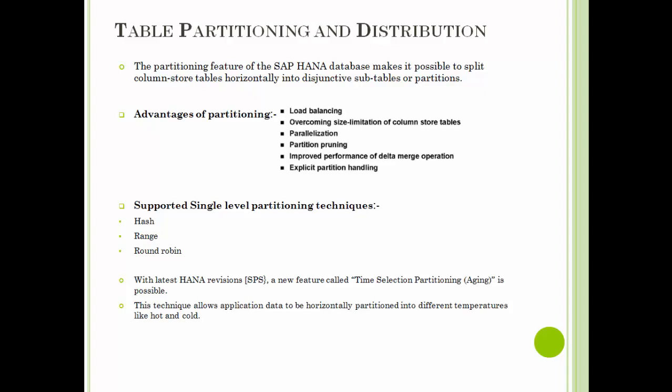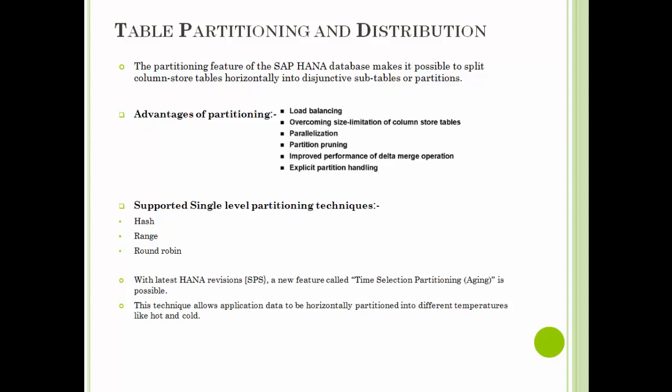These large tables are broken down into smaller chunks. As a result, they become easily manageable. So if we see any large tables and there is a need to break them into smaller chunks so that they can be easily consumed and easily operated on, then it makes sense to perform table partitioning.